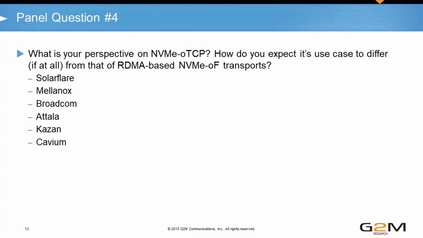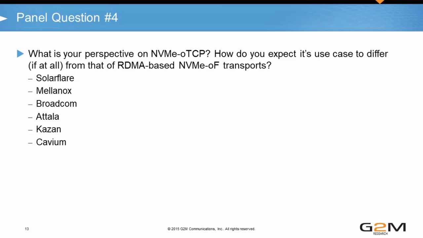So moving right along, we've recently heard, and I first heard of it at the Flash Memory Summit this summer, of NVMe over TCP. How do you expect TCP utilization and implementation to be different, both technically and in terms of customer deployments, from the RDMA or the Fibre Channel NVMe over Fabric transports?